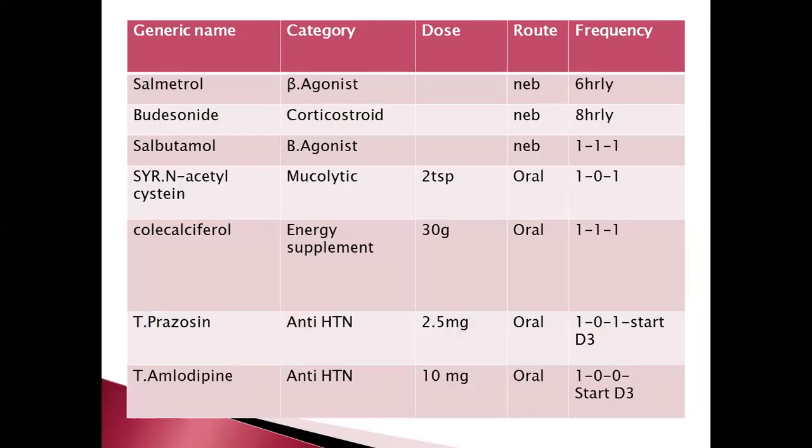Salmeterol given as a neb every 6 hours. Budesonide given as a neb every 8 hours. Salbutamol given as a neb 3 times a day. Syrup N-acetylcysteine, 2 teaspoons orally twice a day.